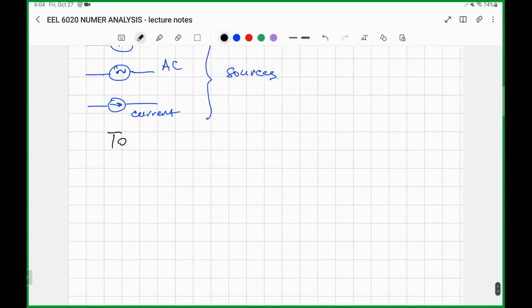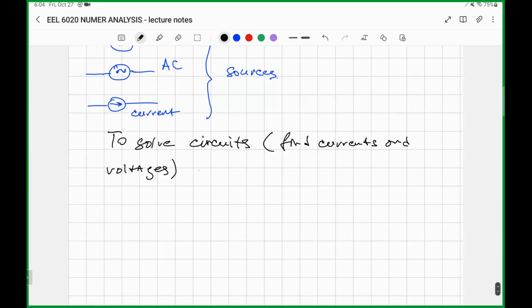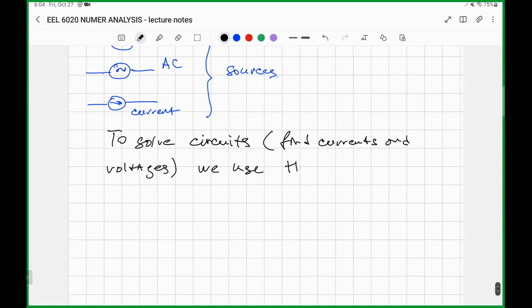So to solve circuits, find currents and voltages, we use Kirchhoff's laws.